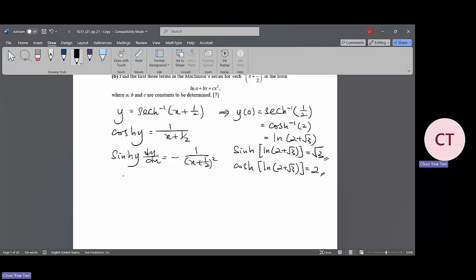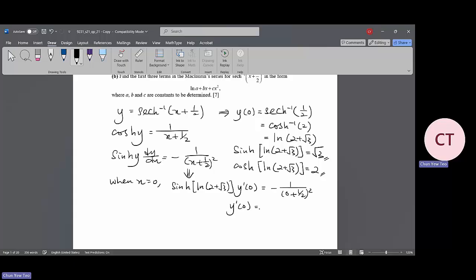So now when x equals 0 again, from here you get sin y, that is sinh of ln of 2 plus root 3, times dy/dx, that will be your y prime 0, is equal to the negative 1 over (0 plus half) squared.